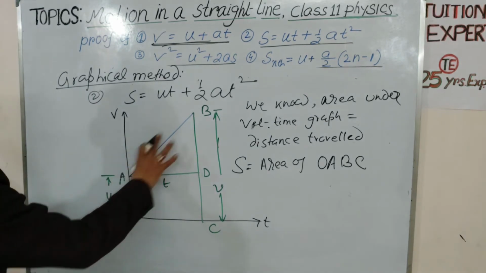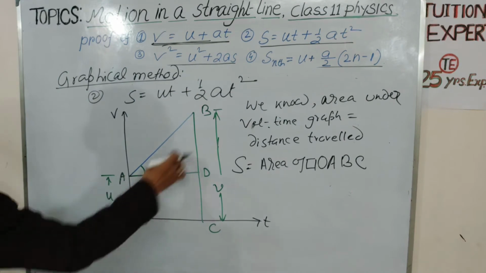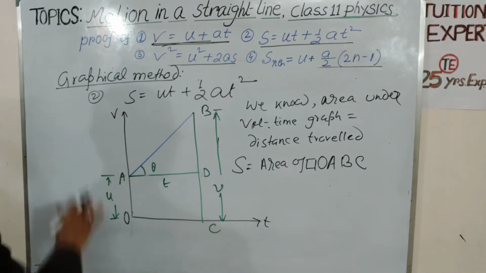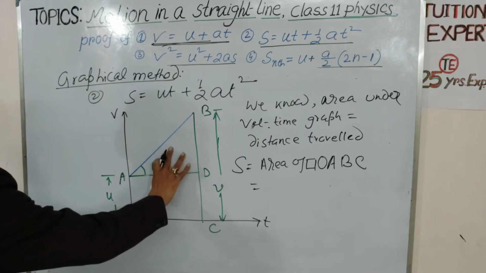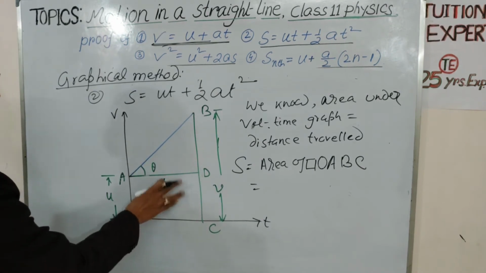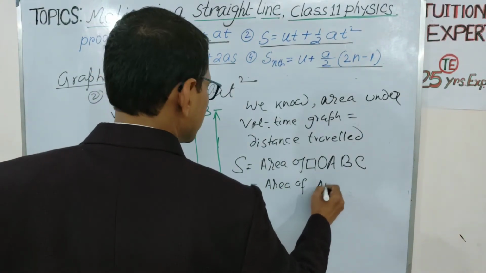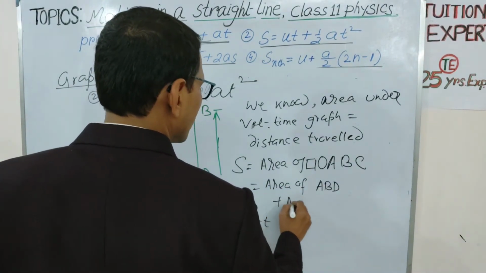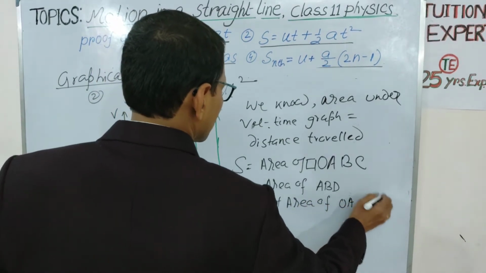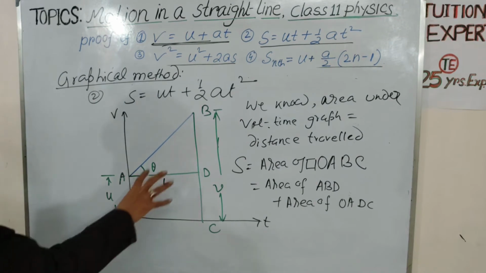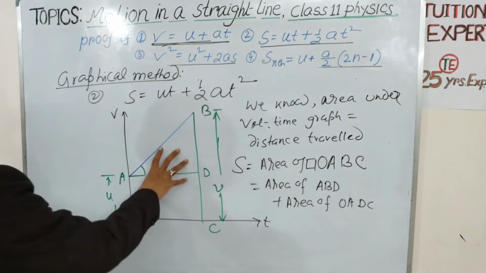This is a quadrilateral which is a trapezium, because this side and this side are parallel. Now the area of this quadrilateral can be taken as this rectangle plus this triangle, so the area of ABD plus the area of OADC, or we can take the area of the trapezium as a whole.